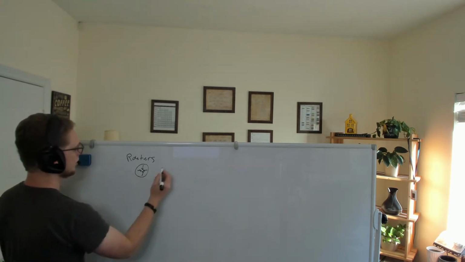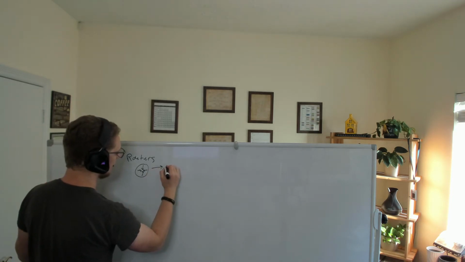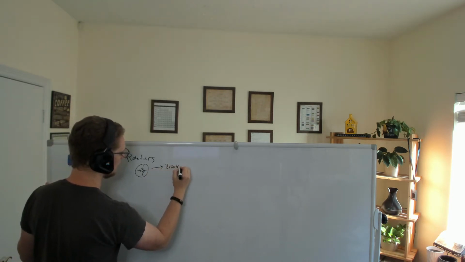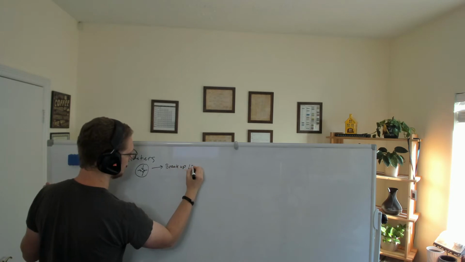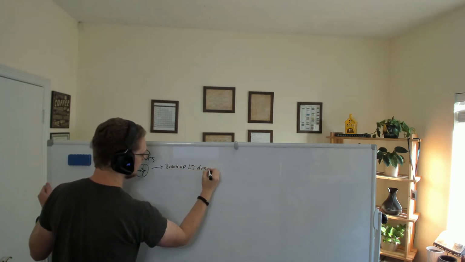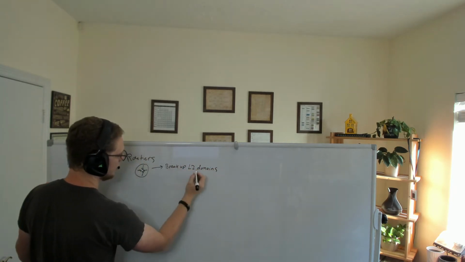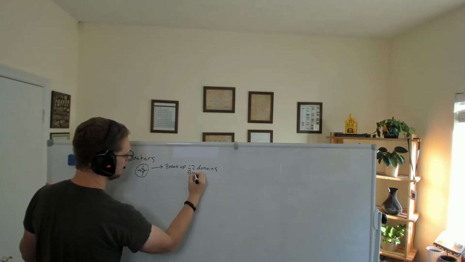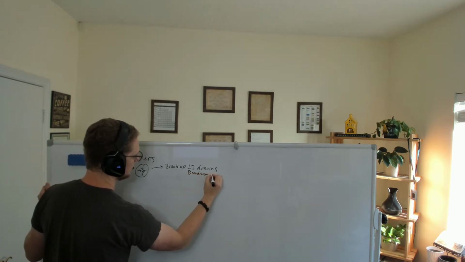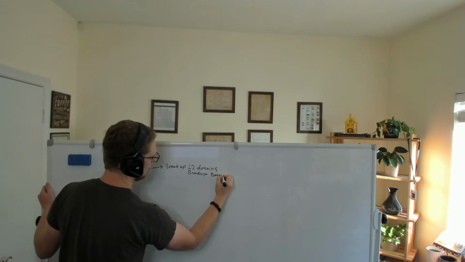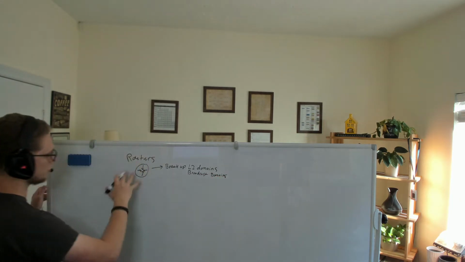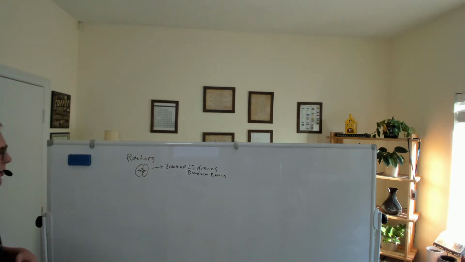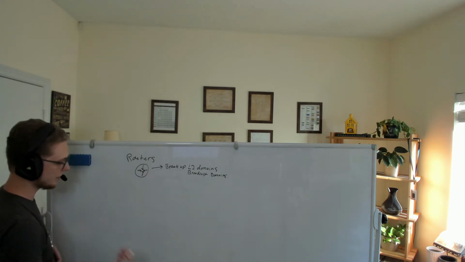Now routers, the way I would define them, is they break up our layer 2 domains. Another word for that would be our broadcast domains. So when I like to draw routers in a network diagram, I like to segment them off.